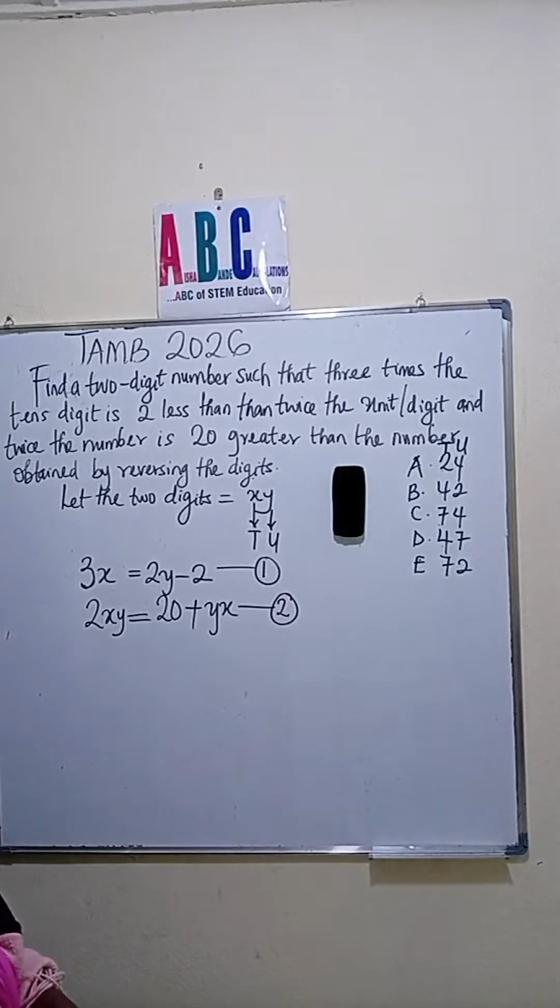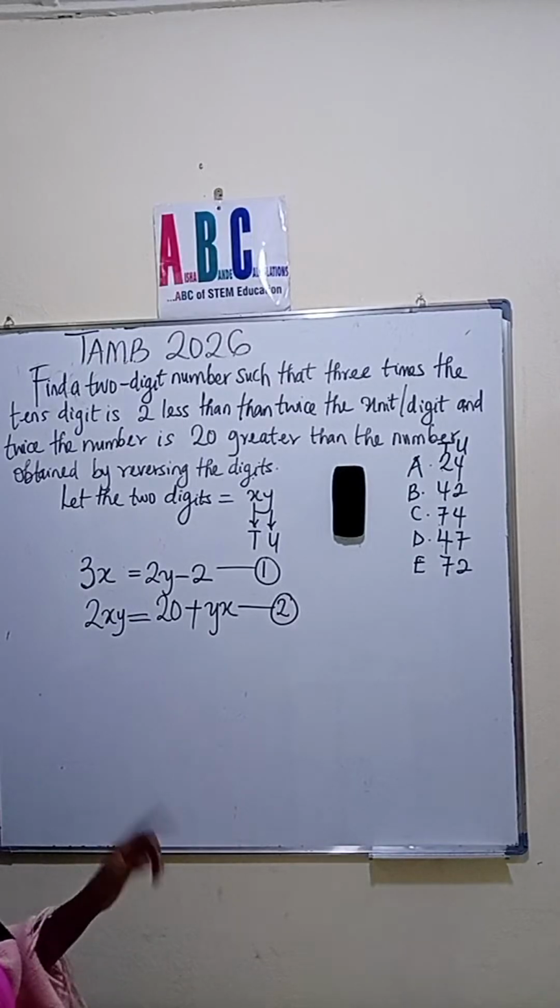So that means we'll be doing trial and error. So what do you suggest we do now? Should we start picking each of the options?